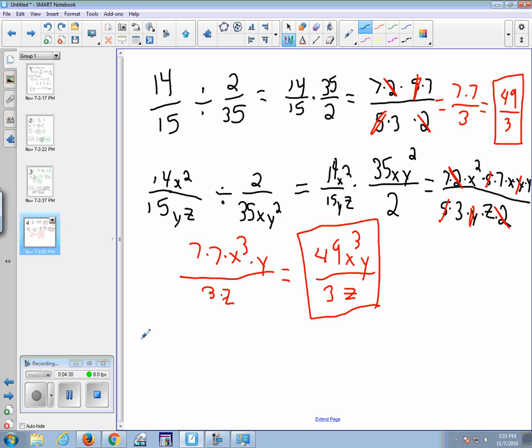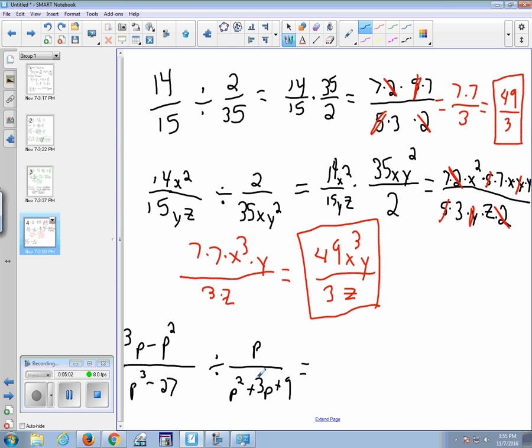Let's say I have 3p minus p squared over p cubed minus 27, divided by p over p squared plus 3p plus 9.